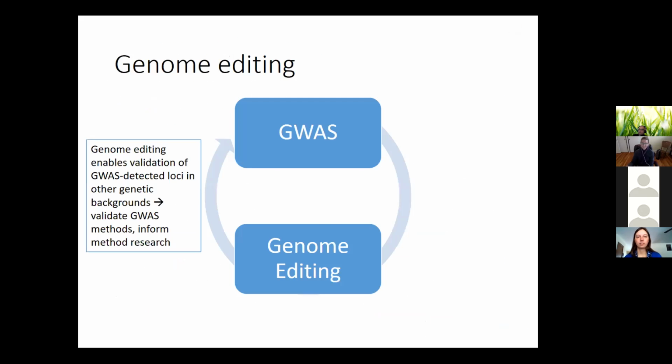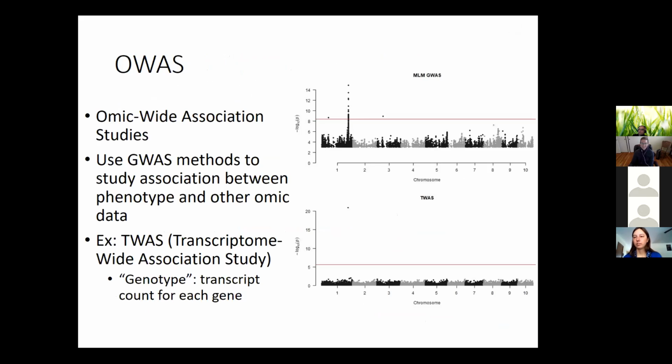And so I'm wondering if you could expand on that a little more in terms of how often you have seen these different types of studies. And then for your TWAS, if you could expand on your data set and what type of sequencing did you use? Because my work uses RNA-seq, which is a really in-depth look into the transcriptome, but I was wondering if you used any other type of data set.